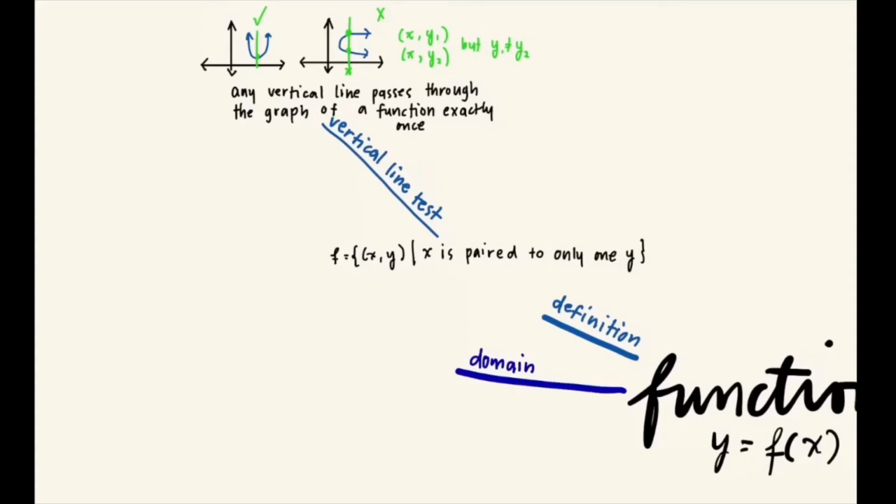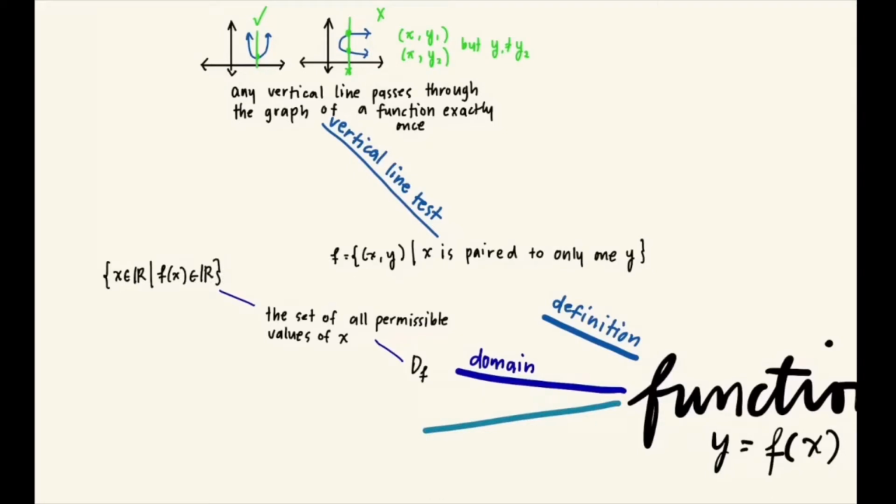Now, another concept of function is the concept of domain. In symbols, you can write it as D sub f, and it is simply the set of all permissible values of x, meaning all the numbers that you can substitute to x such that the value of the function exists.